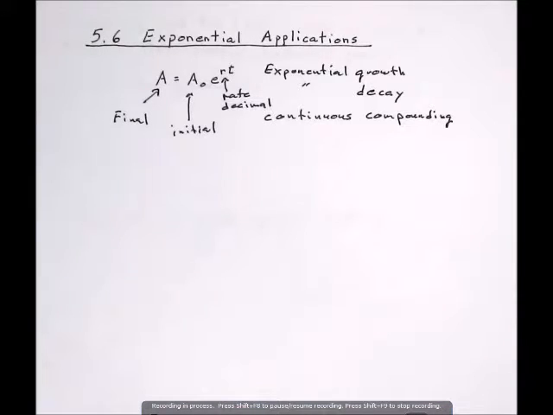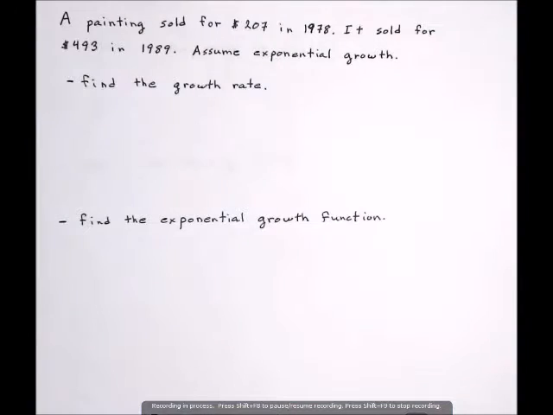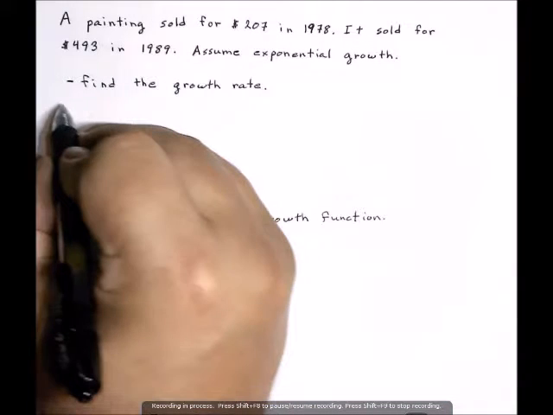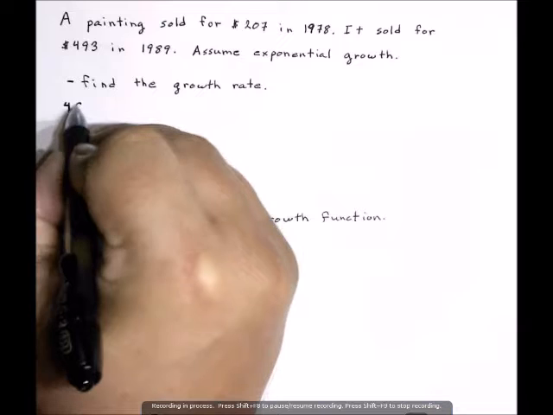So the typical problem you will have will look like this. A painting sold for $207 in 1978 and it sold for $493 in 1989, assuming exponential growth, and then there's going to be a whole bunch of questions. First one is find the growth rate. So plug in the numbers you know. You know the final amount is 493.